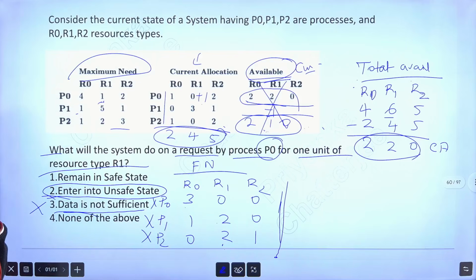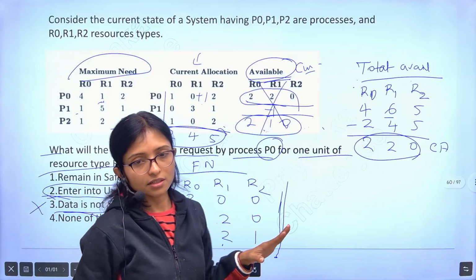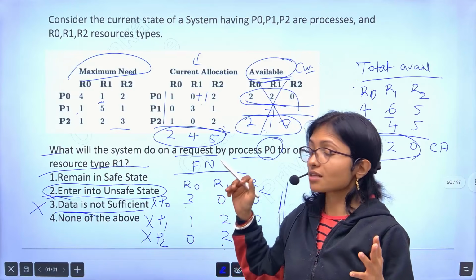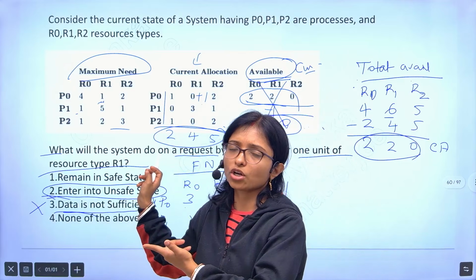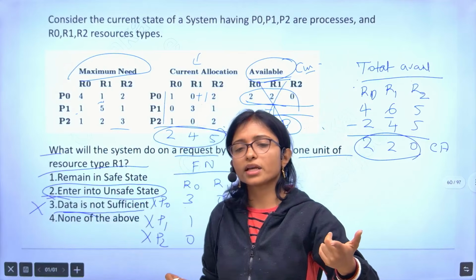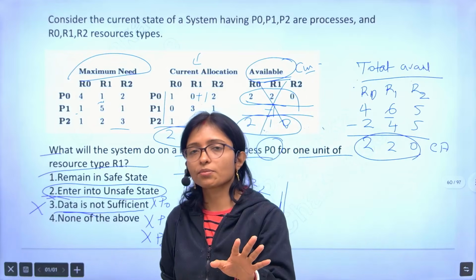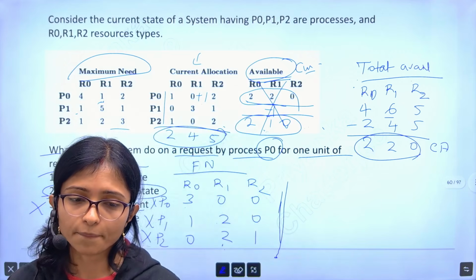So this type of question is very much expected for everyone. It can be your 10 marks question also. That's why I am telling. They can ask you whether this is safe or not, whether it happens after entering or not, what the safe sequence is. This is the way they can make a 10 marks comprehension type question. That's why it is very important for you. Don't miss the topic.